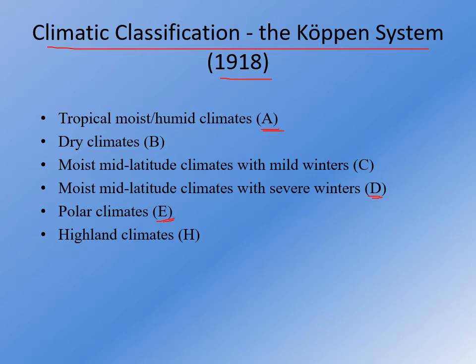Later, the highland climate, that is designated as capital H, is also incorporated within this climate classification system.